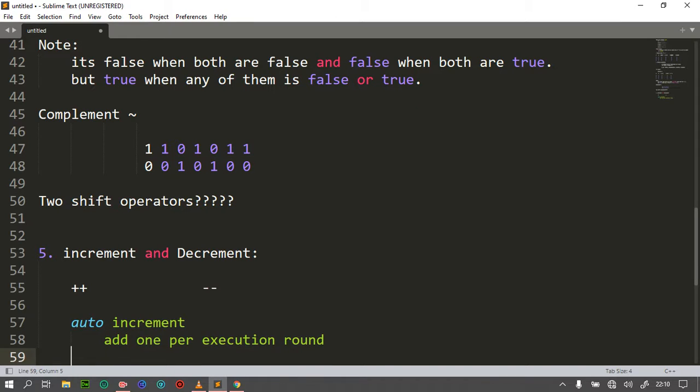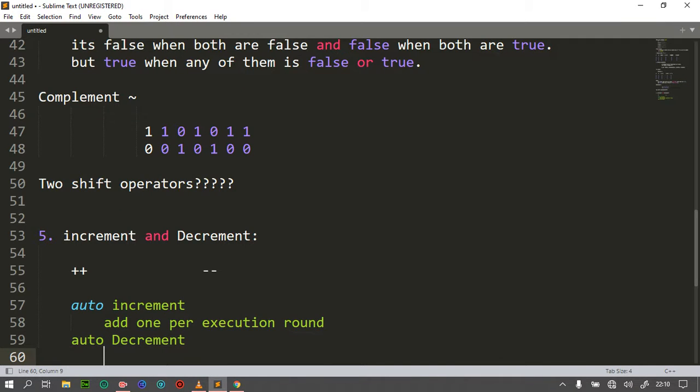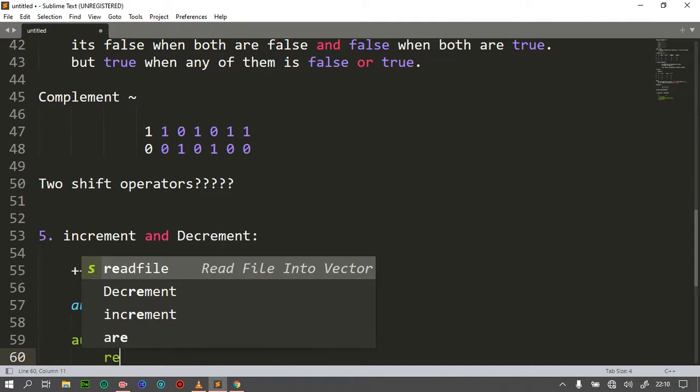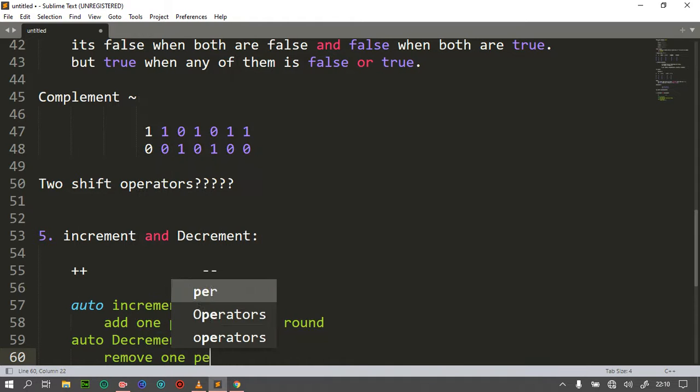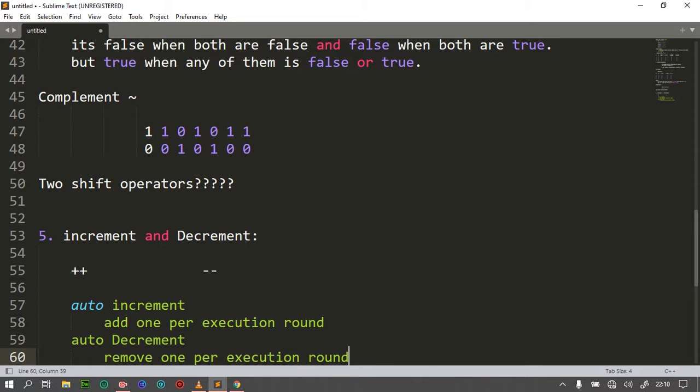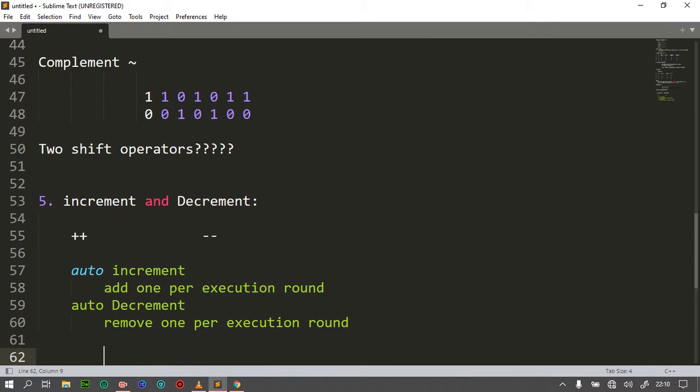Then auto decrement means deduct, remove 1 per execution round. Okay, each time an execution occurs, then you either add or you remove.